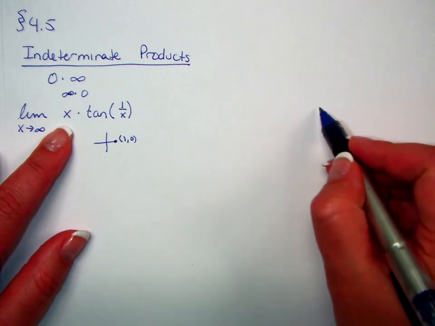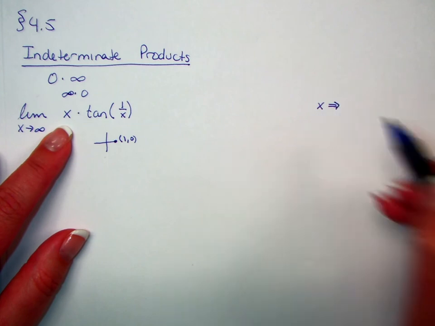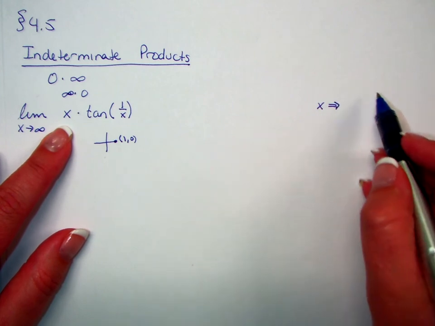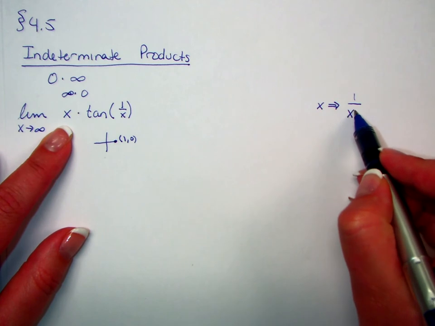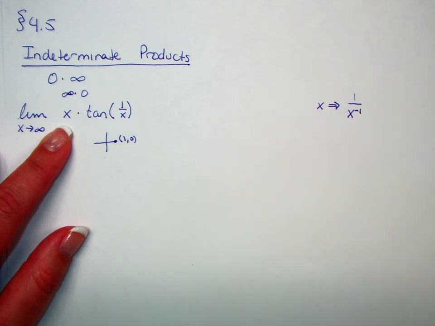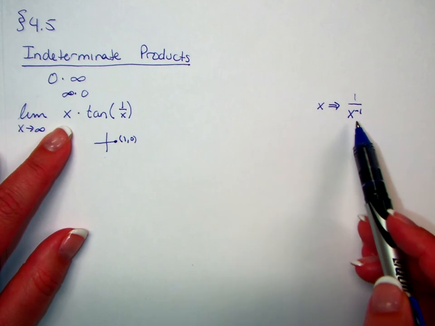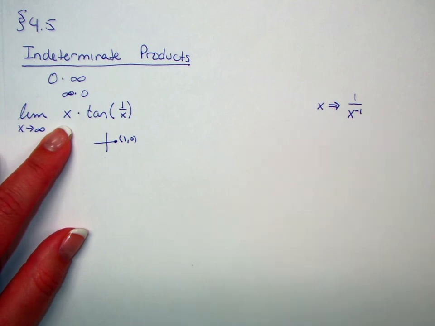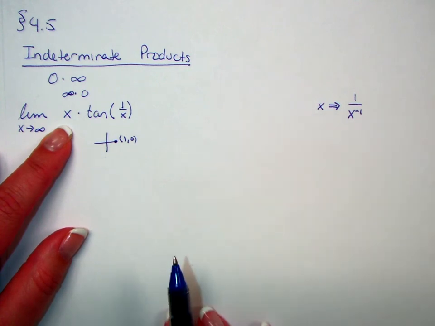So over on the side, I'm going to put x is equivalent to 1 over x to the negative 1. Because if I move the x from the numerator to the denominator, I need to negate the power, right? Or if I move this up, I just get x, okay? So x is the same thing as 1 over x to the negative 1.